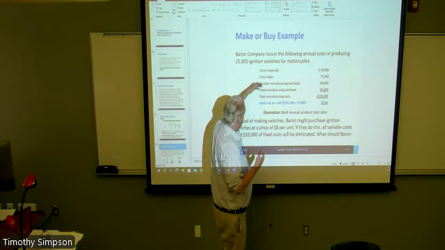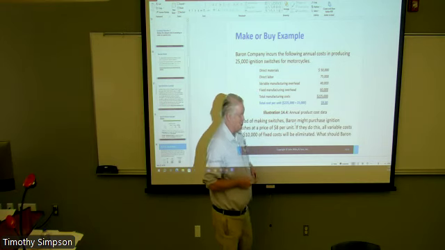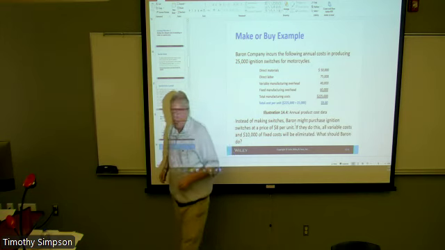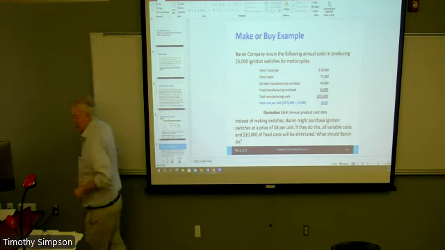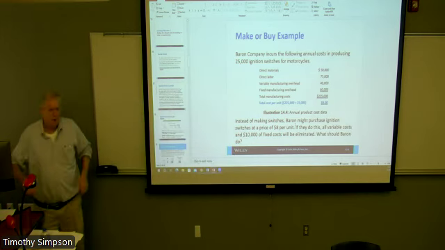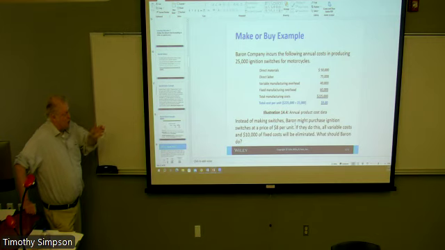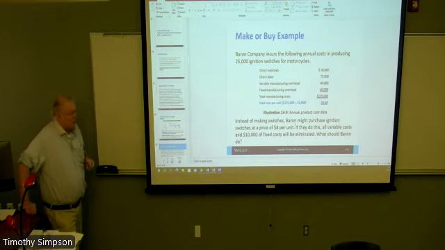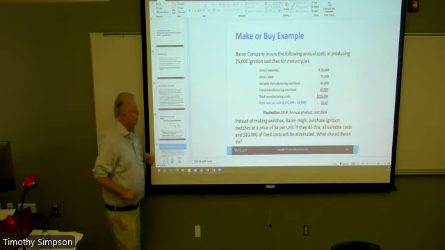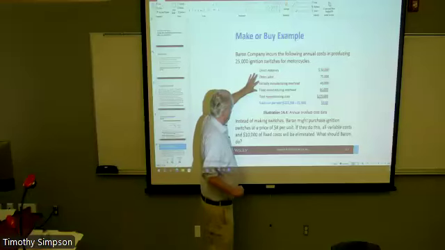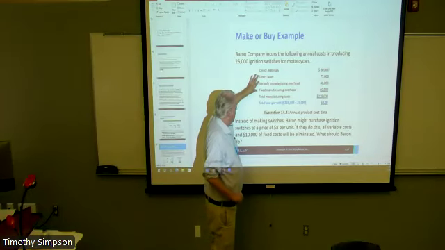Now, the fixed and variable discussion really began in chapter 13 under CVP, where we really weren't terribly interested in what was the product cost and what was the period cost. We were more interested in what was variable and what was fixed. So we're used to these definitions, except that now we're dividing these in two, because they're probably going to be impacted differently by some decisions.